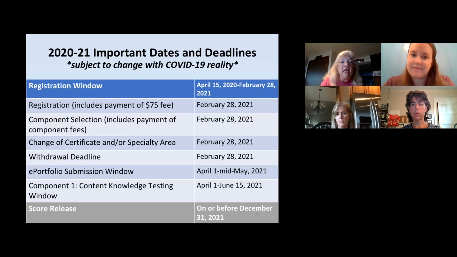In Washington State, there was one cohort several years ago that did run with one cert area.